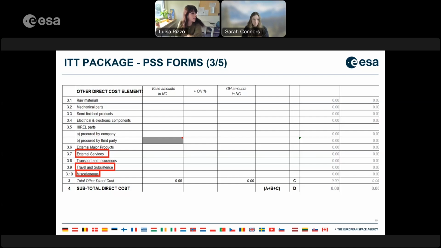If a bidder claims for external services, please make sure that you provide not only the description of the service, but also, and this is essential because it's one of the most common negotiation points we raise, please make sure that you mention also the provider of the above mentioned external service.